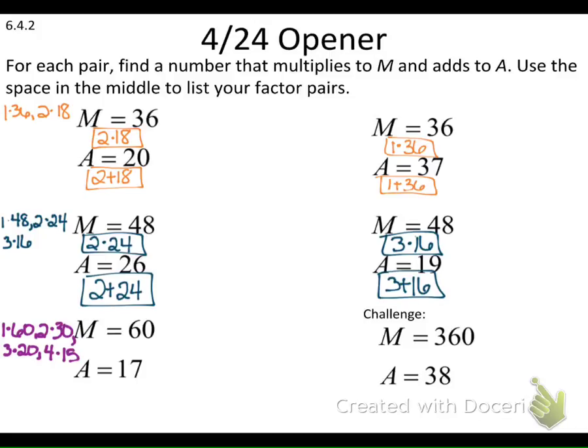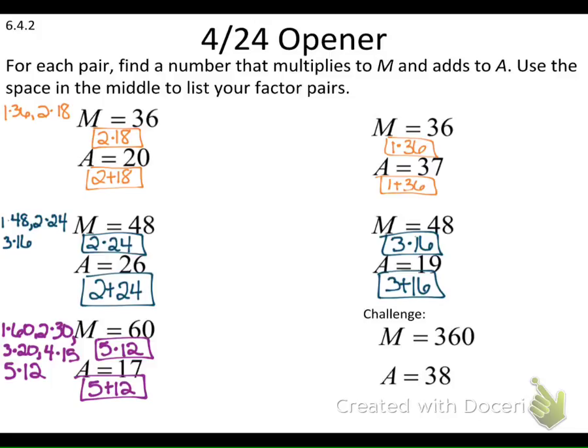All right, do we have anything that equals 17 yet? No. All right, 5 times what is 60? There you go. Yes. 5 plus 12 is going to equal 17? All right, perfect. So we have 5 times 12 equals 60. We have 5 plus 12 equals 17. Very good.